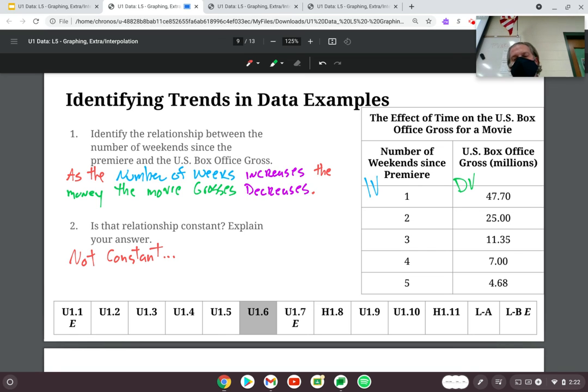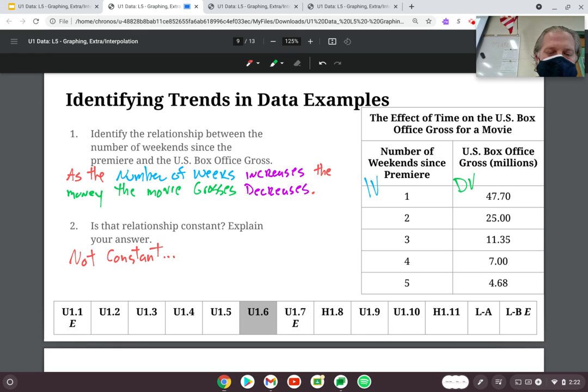And I'm going to argue that because of the rate, or the way that the values are dropping. So 47 to 25 is a huge drop. 25 to 11 is a pretty big drop. And then 11 to 7 is kind of a smaller drop. And then 7 to 5 is an even smaller drop. So in my head, I see it going like, whoa, and then kind of leveling out. Does that make sense? And so that's why I would say it's not constant.